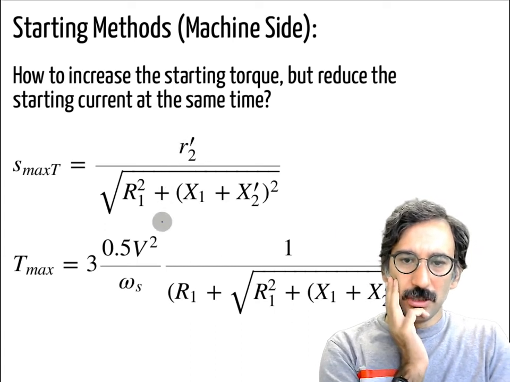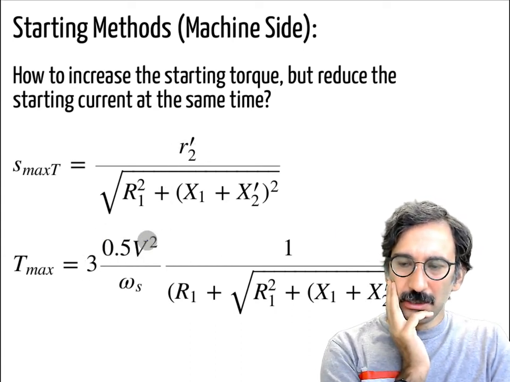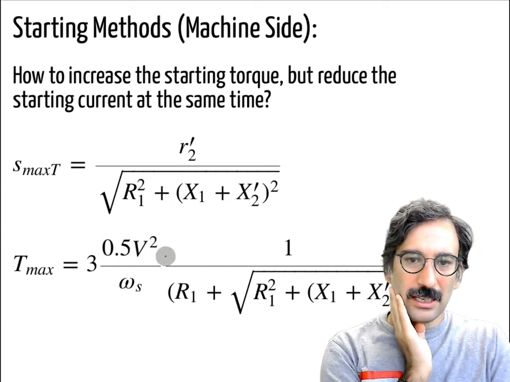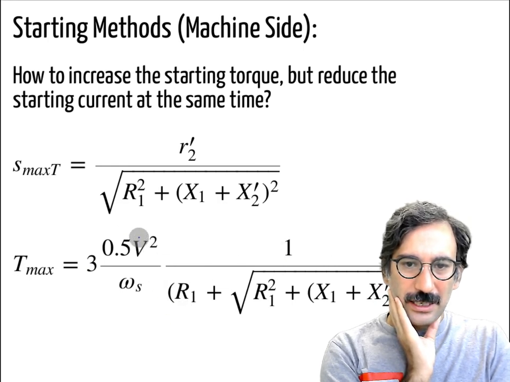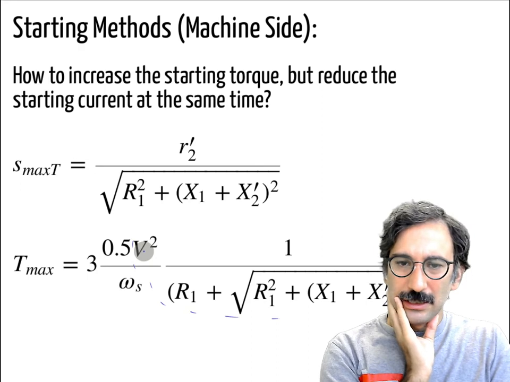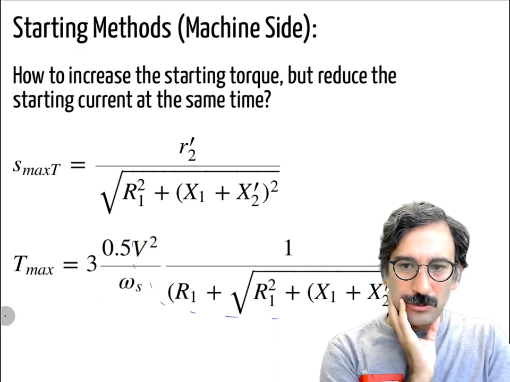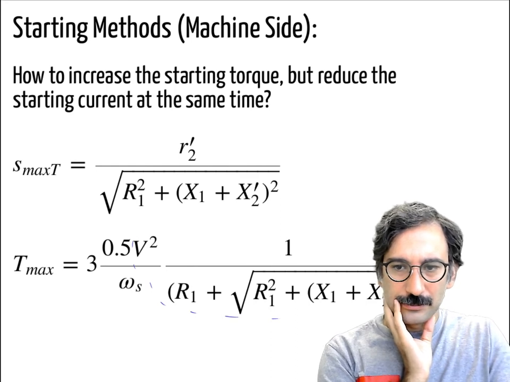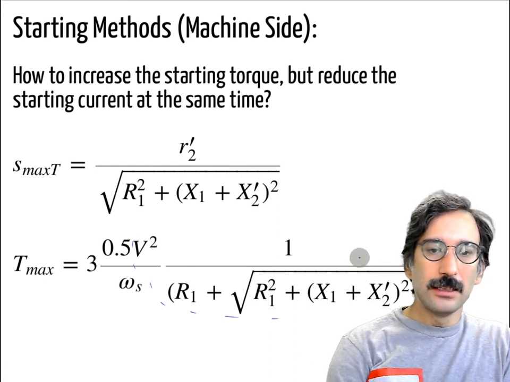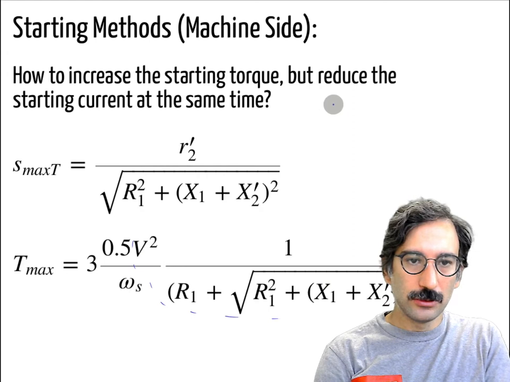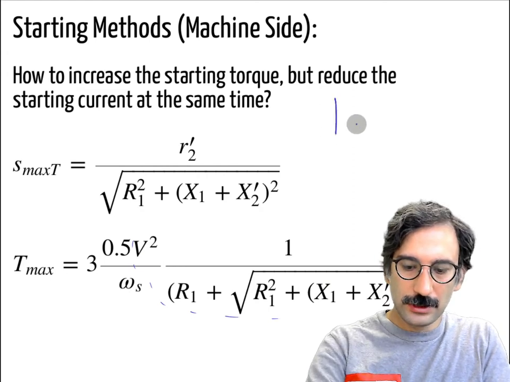So this is, remember, the torque equation, and again remember that torque is proportional to the current, I squared. This is the maximum torque. Let me draw it here.